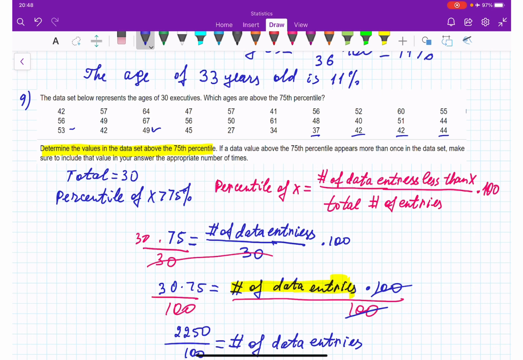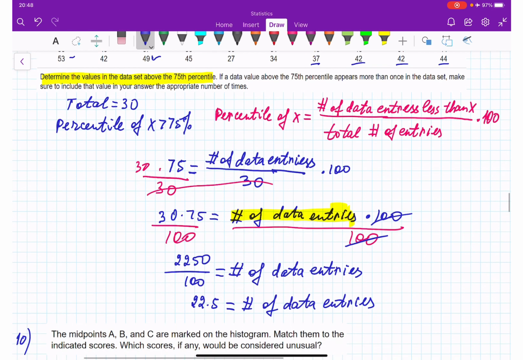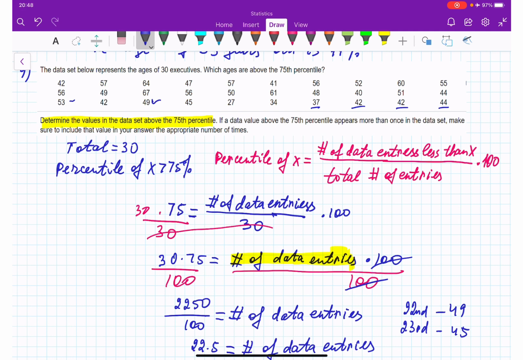So the 22nd position is 49, and the 23rd position is 45. It's not arranged here. We need to arrange it. You have to arrange this data, and once you arrange it, you find out which value is in the 22nd position and which is in the 23rd. Okay?